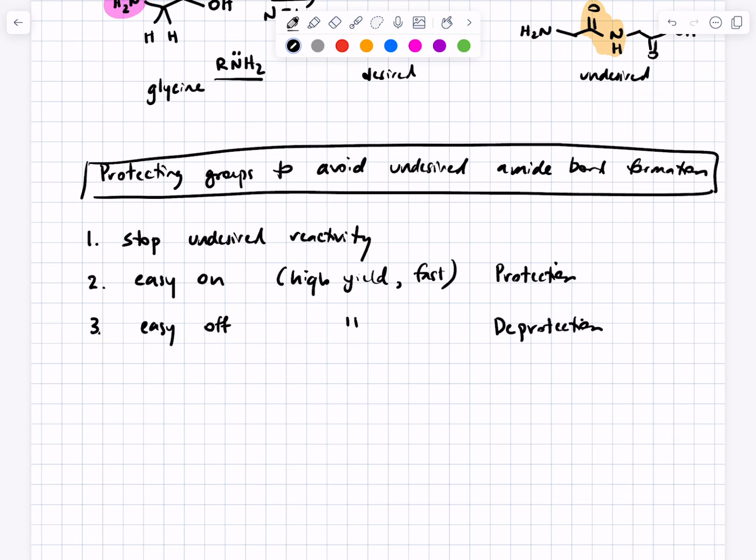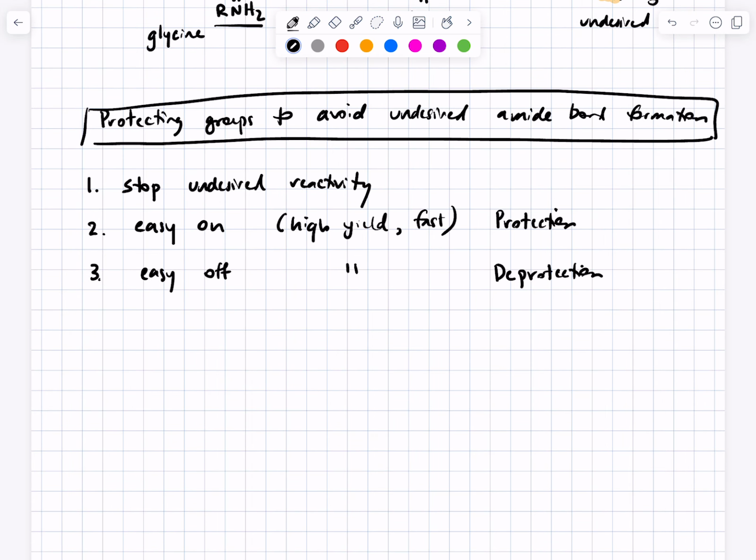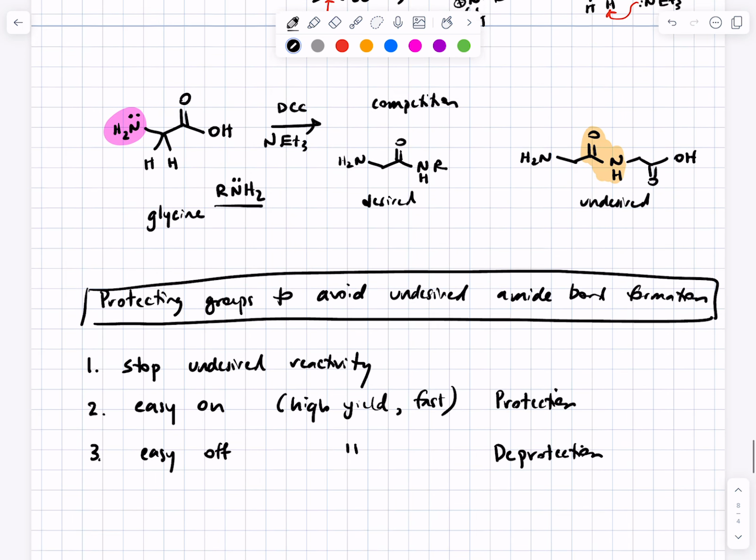And a huge amount of every synthetic chemist's efforts to make molecules involve putting protecting groups on and removing protecting groups. And in particular, if you can get reactions to go the way you want without protecting groups, that's really awesome chemistry. So let me show you some strategies that are used for avoiding undesired amide bond formation.